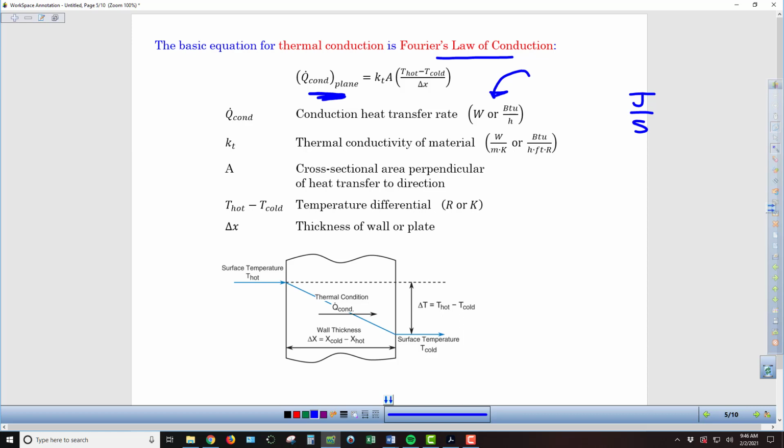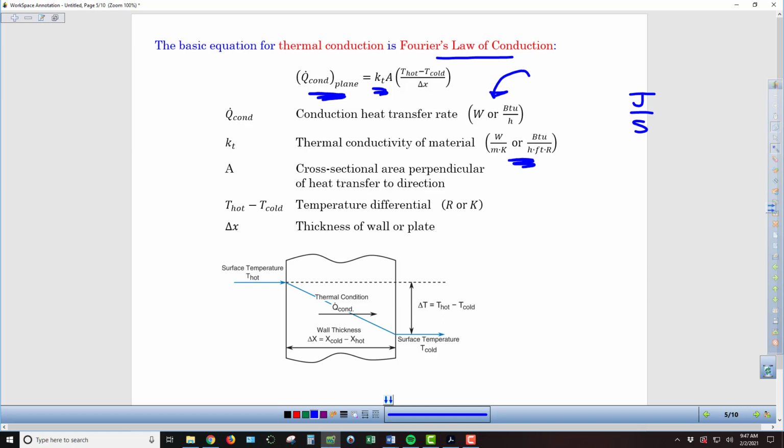Then on the other side of the equation, we've got this k sub T, which is the thermal conductivity of the material. And so the units are listed here. This is just a constant that's unique to whatever material the heat is being conducted through. So this could be different for a glass window pane versus a steel pot on the stove or a wall.